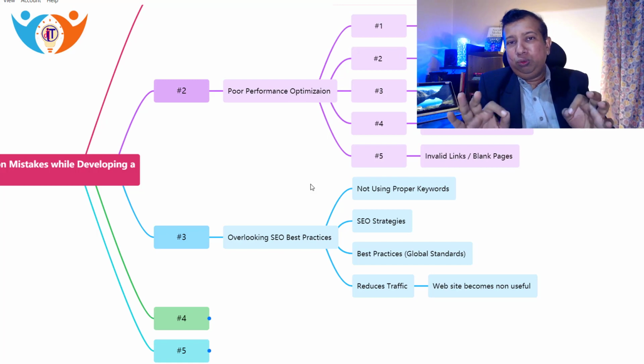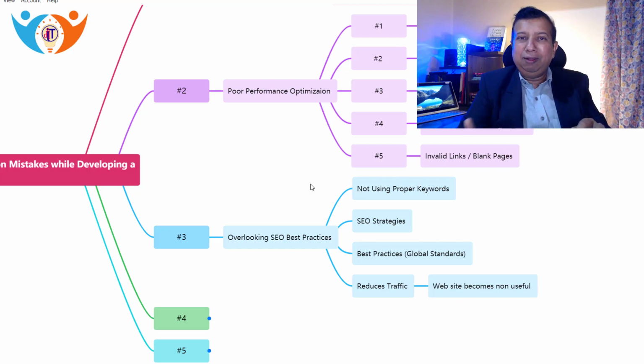So if you want to make profit from your website, then ensure you are using all SEO strategies properly, and that your website is reachable. If it is reachable, then only people will come to your website, and then it will result in your business growth. Otherwise, you are having your website only to give on your visiting card, and nobody will come to your website.